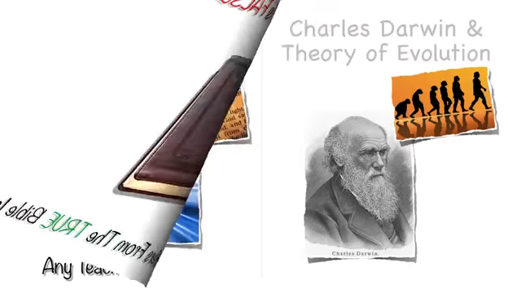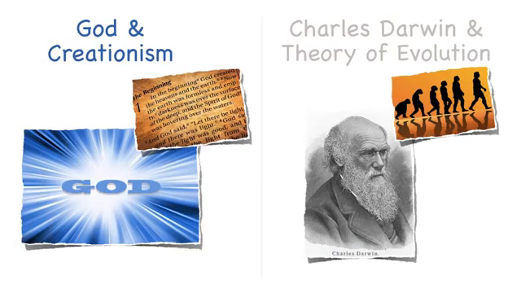So based on what we've learned about Darwinistic evolution, we know that its teachings significantly differ from the Bible. The Bible teaches on the very first page in Genesis 1:1 that God created the heavens and the earth. And in subsequent passages we learn that God also created all living things.